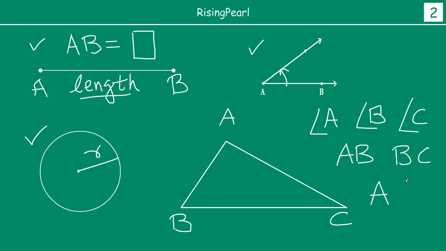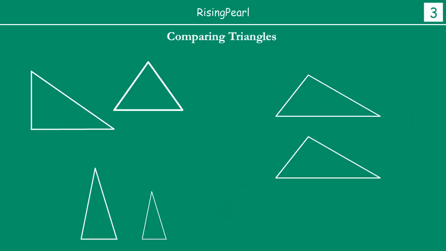So friends, it is important to understand that whenever we talk about triangles, we don't have only one measurement. We have three angles and three sides. So whenever we compare triangles, we have to look at each of the angles and each of the sides. With that said, let's move on and try to compare some triangles.